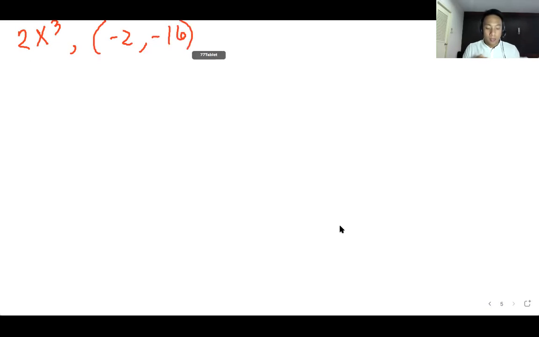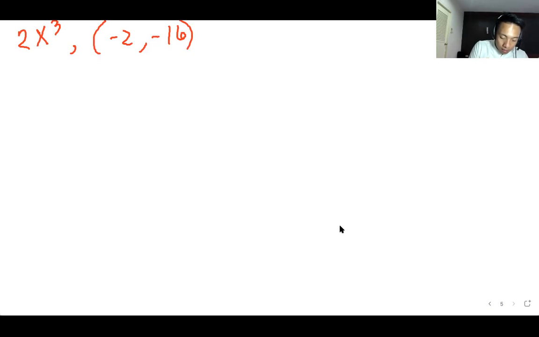I hope this one is correct, because I lost my copy. 2x cubed. Okay. And our point is -2 and -16. Okay. Now, let's proceed to the solution.